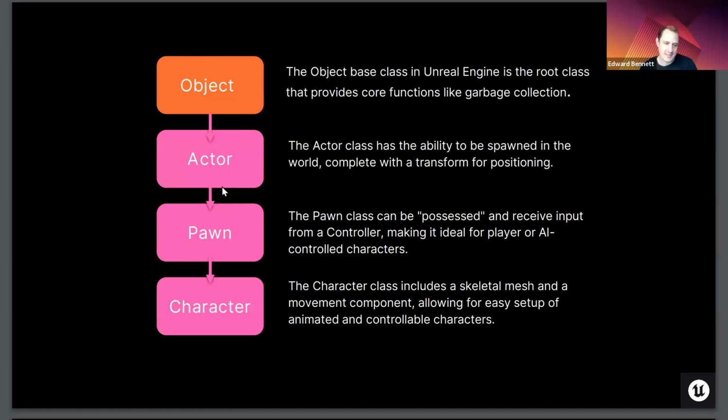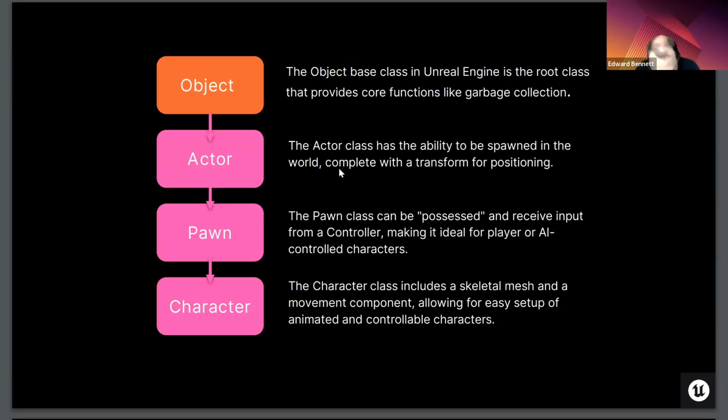Now, below that, we have the actor class. The actor class inherits from its parent class. So an actor class will get all the functionality from the object class, but it will also add some extra functionality, or override some functionality from above it. The actor class has the ability to be spawned into the world, complete with a transform for position.